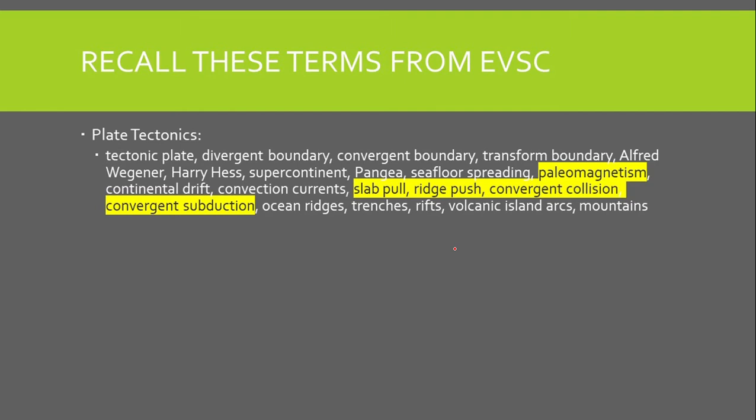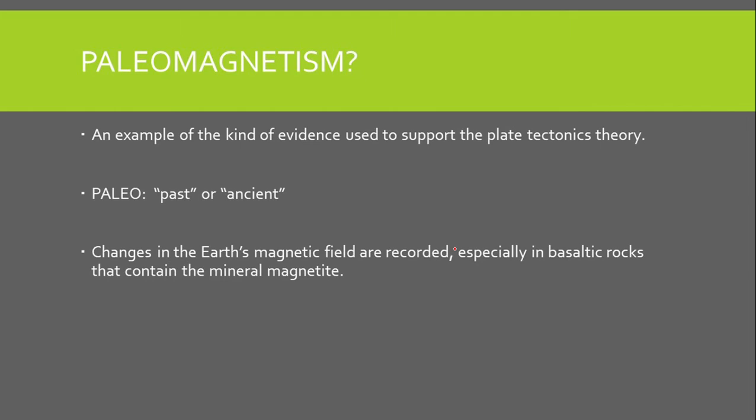In particular, when I look at the list of topics in this section of the book that EVSC was concerned about, there's 1 or 2 here that we haven't hit yet, in particular paleomagnetism. Paleomagnetism is a type of evidence that we use to support plate tectonics. We can't really watch plate tectonics happen. I mean, we can see some of the effects of it and so on, but it's not something we can really readily observe.